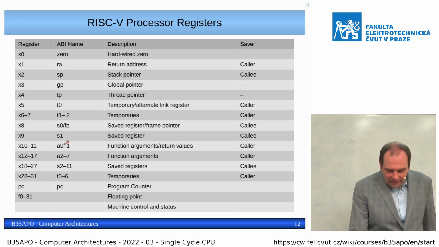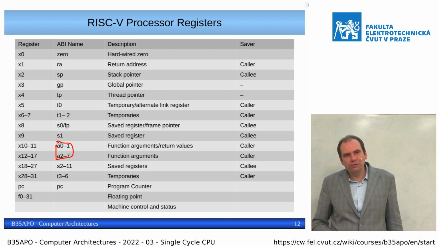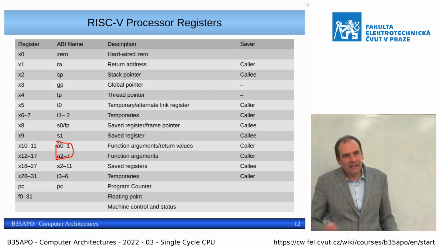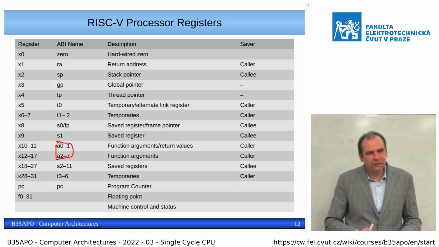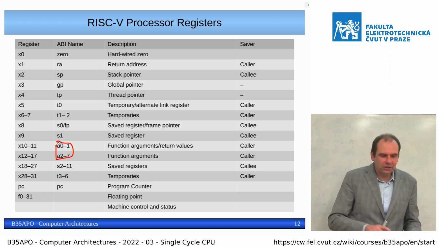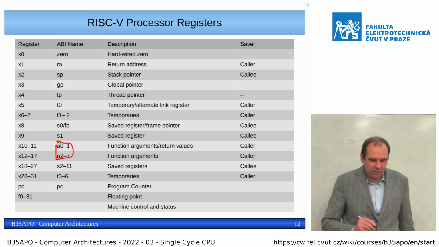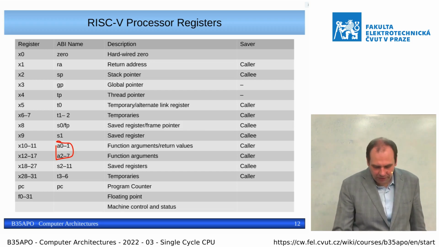And then there is some subset of the registers which are used to directly pass the arguments. Again, we can pass arguments through the memory at a fixed location relative to the stack and so on. We look at it later. It is not important for our start at this moment.